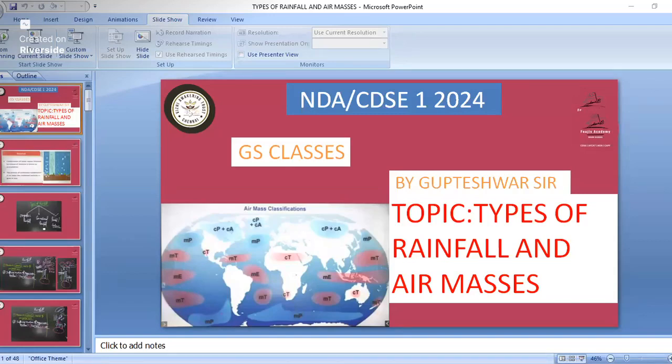And the warm air mass is what? The warm air mass is designated as the air mass whose temperature is higher than the low-lying surface. That low-lying surface you can see in the tropical and subtropical parts, so there we can see the warm air mass. It means the low-lying surface should be somewhat cool, and the air mass blowing above it, the upper part, should have high temperature. So that is the warm air mass.